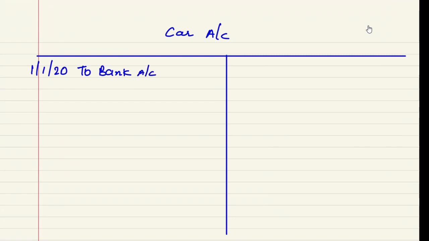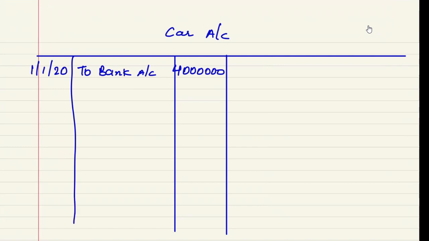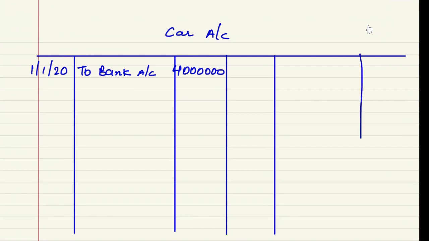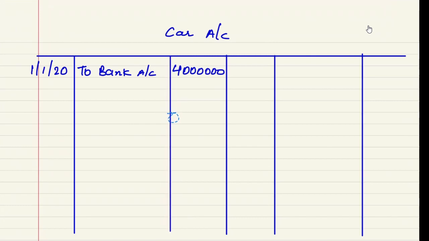To bank account, how much? 40 lakh is the amount. So this is my amount column. This is my date column and particulars. Same way here, this will be my date column.